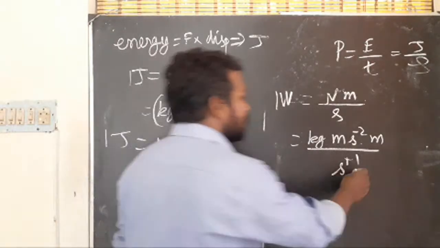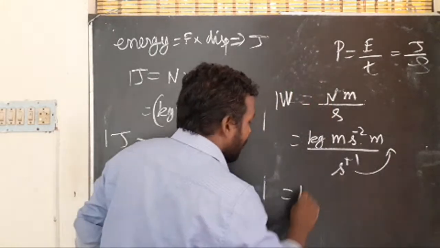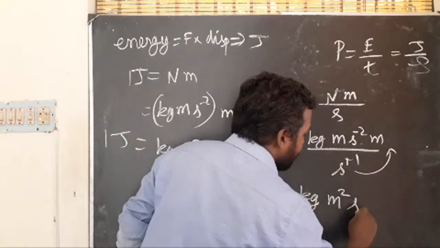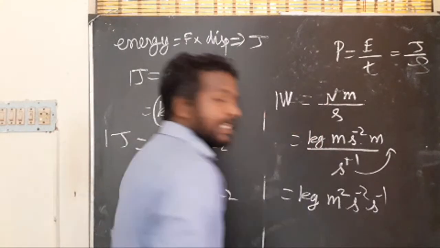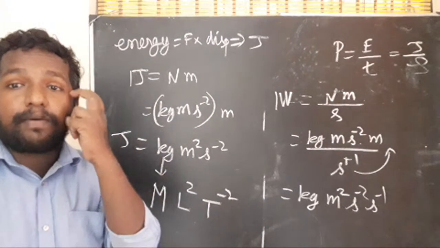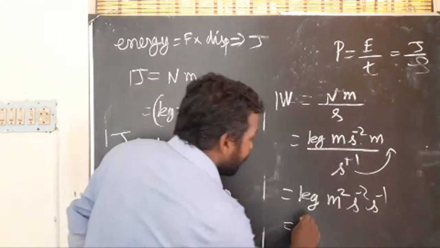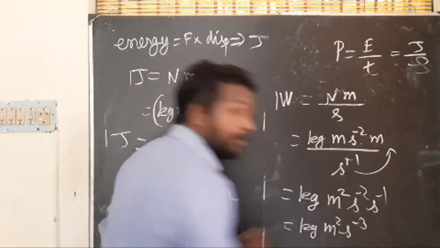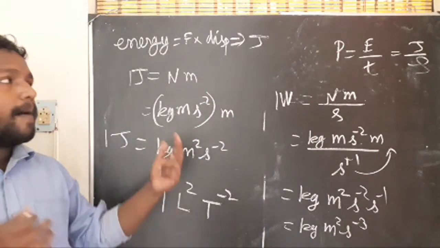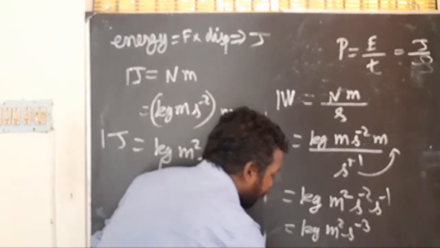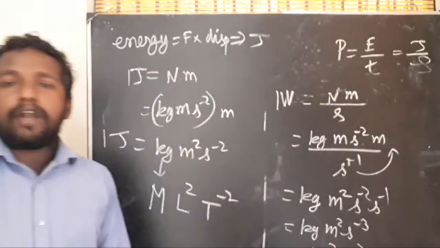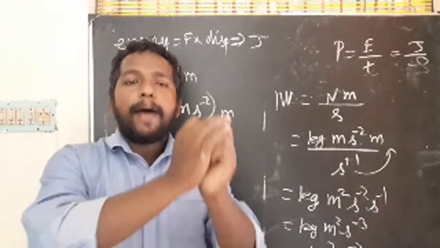So we'll have kg meter square second minus 2 second minus 1. The answer I'll get is second minus 3. So we'll have the unit kg meter square second minus 3. Now what about the dimensional formula for power? M power 1, L power 2, T power minus 3.